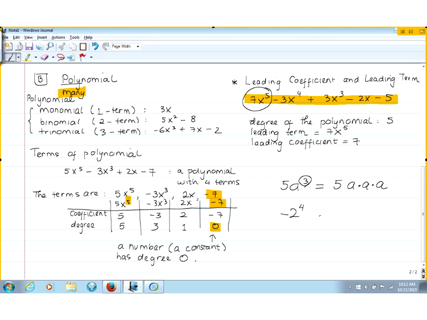If I have negative 2 to the 4th, this exponent applies to the 2 only, not to the negative. So this is negative 2 times 2 times 2 times 2. If I have negative 2 in parentheses to the 4th, this is a different story, though. The 4th applies to the whole thing.